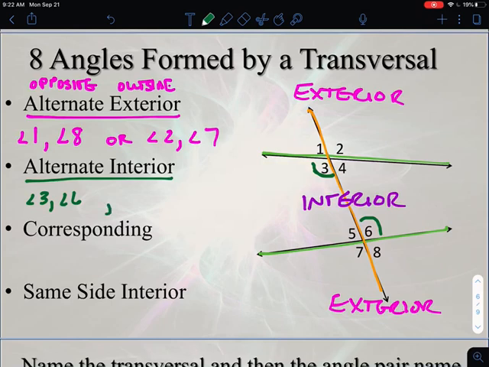So angle 3 and angle 6 would be my alternate interiors. Or I could use the other pair that we see there. Angle 4 is also on the interior, so I could pair it up with its alternate interior 5 to get another angle pair. So angle 3 and 6 are alternate interior, angle 4 and 5 would be alternate interior.